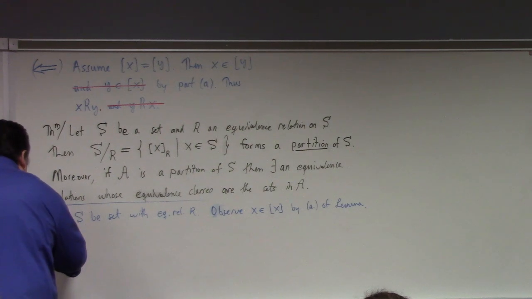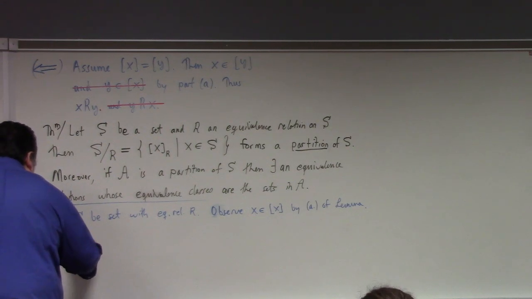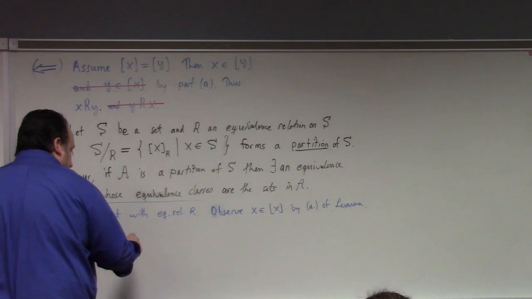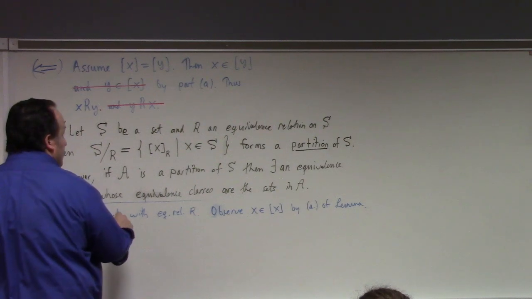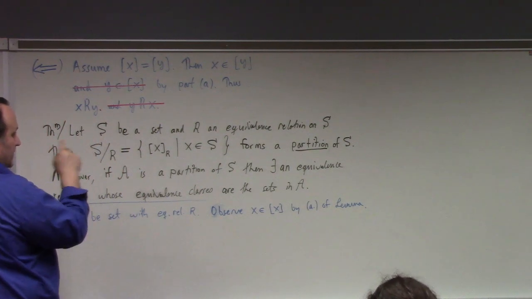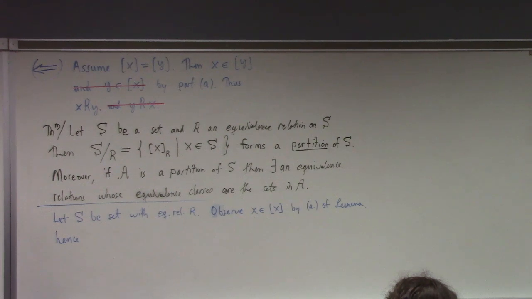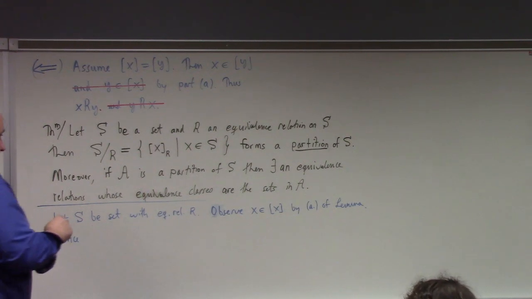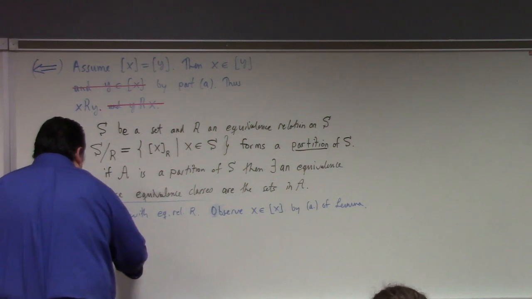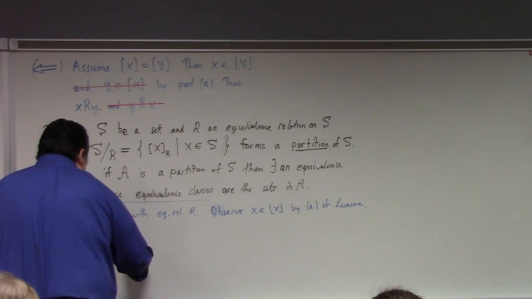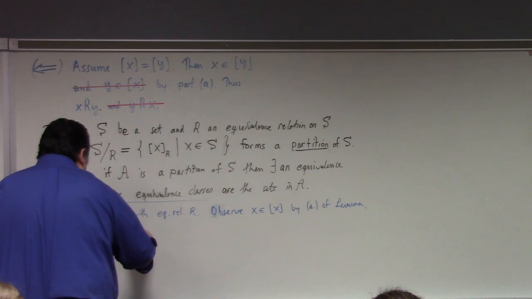Hence, let's see here. What am I trying to prove? I'm trying to prove that the union over x in S of the equivalence classes contains x.